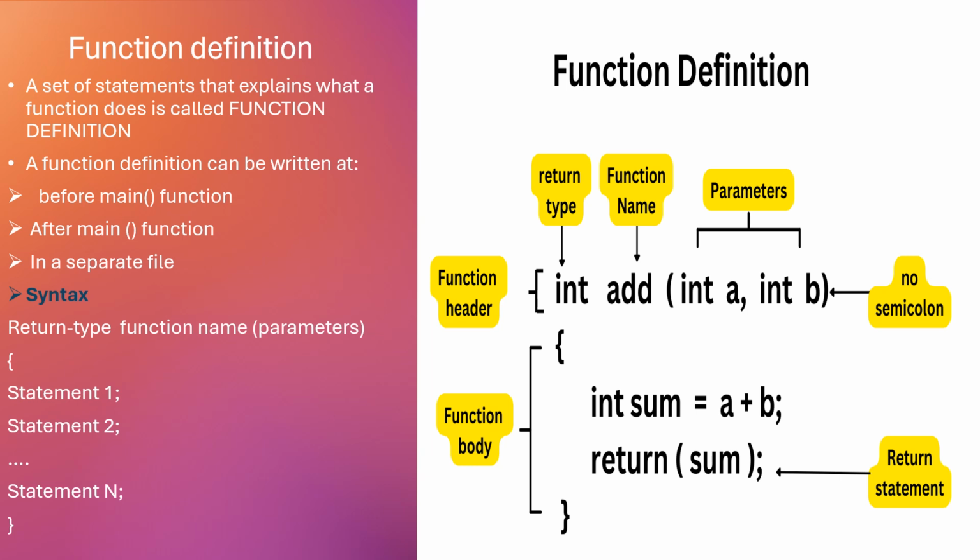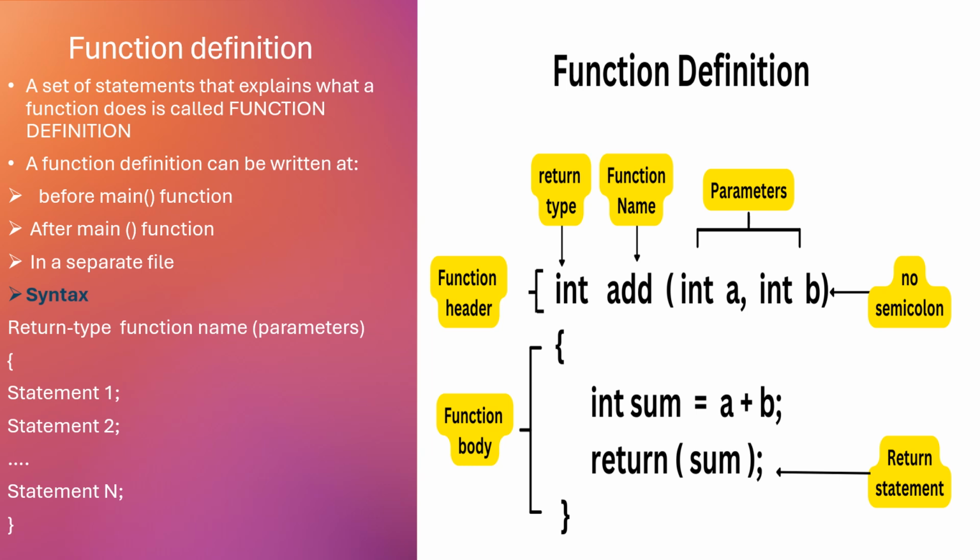In the parameters, we are declaring the variables we are going to use inside the function. In this function we are going to add two numbers, so we need two variables, int a, int b.